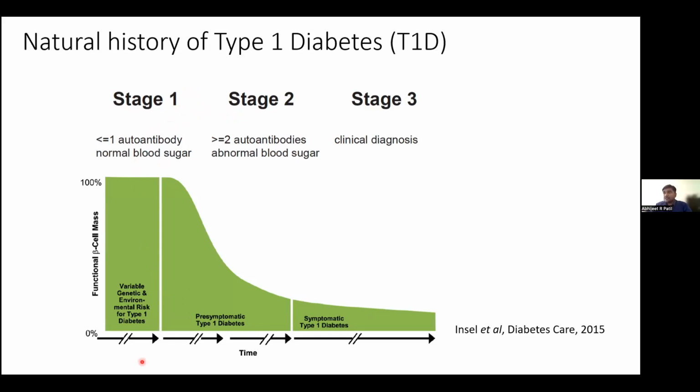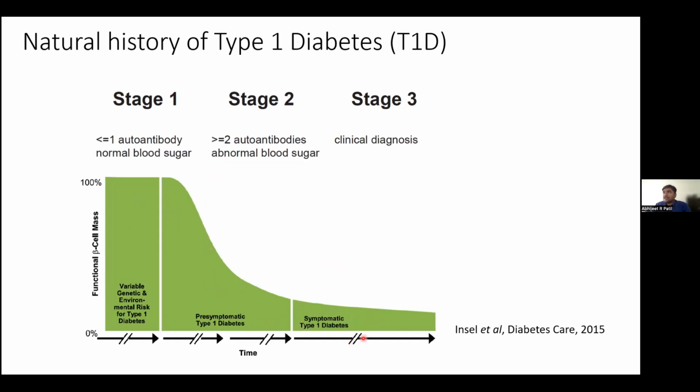However, as the disease progresses through time, a person might have more than or equal to 2 autoantibodies, and this causes abnormal blood sugar levels, and the beta cell mass starts depleting. This is also defined as pre-symptomatic type 1 diabetes, and then ultimately in stage 3, the beta cell mass is mostly depleted, and the person will be declared as having symptomatic type 1 diabetes.